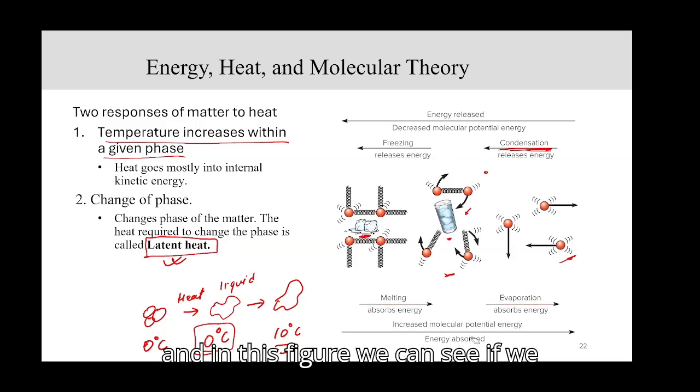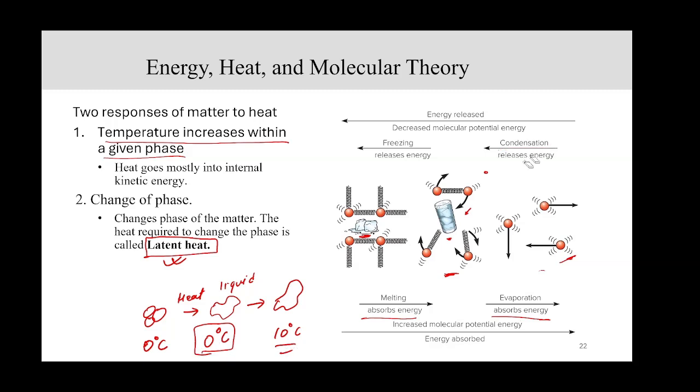And in this figure we can see, if we are melting from ice to water, we need to supply some external energy, and from liquid to gas you need to add energy.